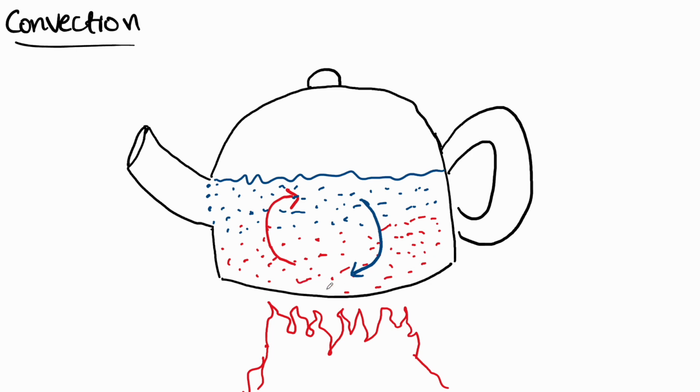And because water, when it's warm, has a lower density than when it's cold, it will rise, and the colder water molecules will sink because they have the higher density. And then because these colder particles are closer to the heat source, they will then become warmer and the cycle repeats, and that is convection.